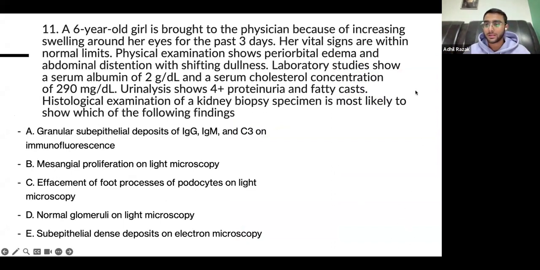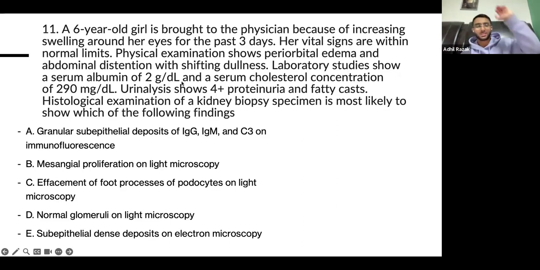All right. Next question. We have a 6-year-old girl, increased swelling around her eyes for the past 3 days. By this point, you should be able to have the answer. But anyways, a 6-year-old girl with swelling around her eyes and periorbital edema, abdominal distension, shifting dullness, just more to the edema, and serum albumin is 2.